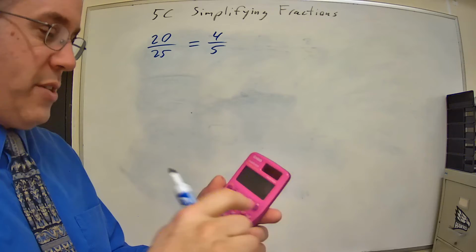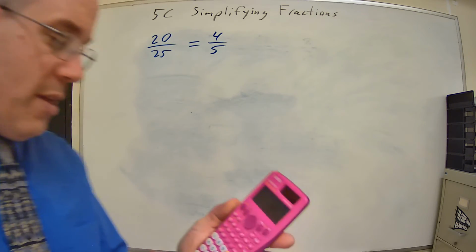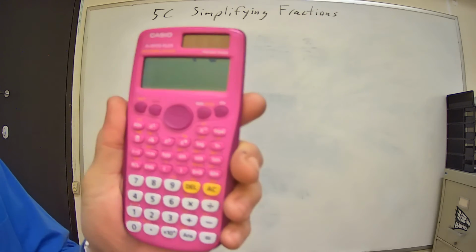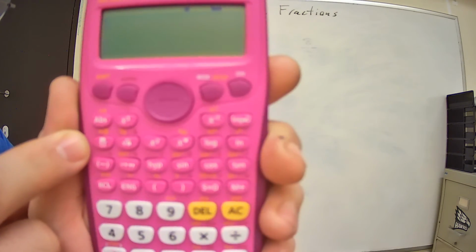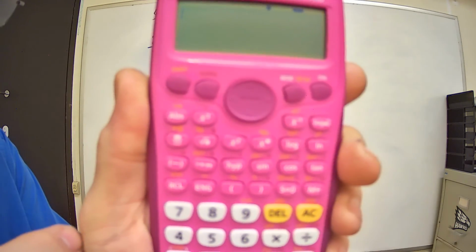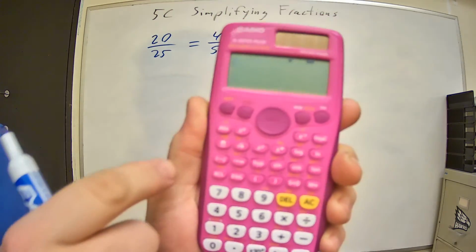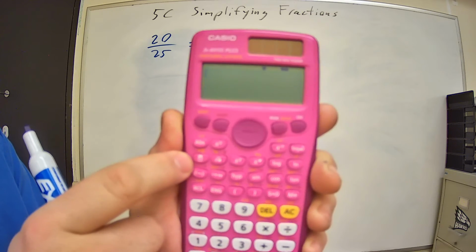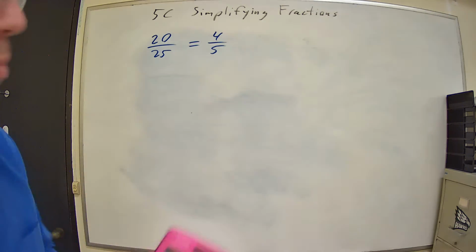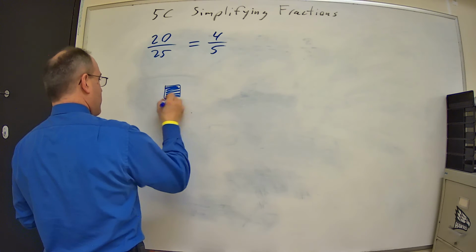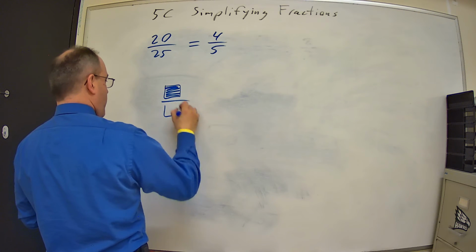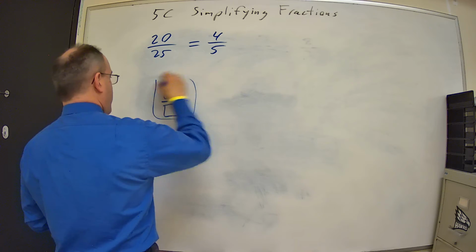If I turn this on, in the Casio, I have this little button on the side here. It looks like a filled-in box with a line below it and then an open box.